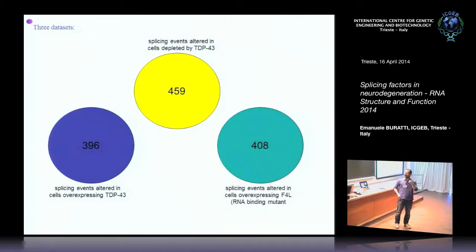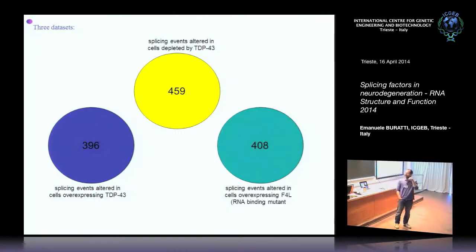So the first data set came from cells where Tdp-43 was knocked down by siRNA, so simply looking at what happens. Then the other data set was the splicing events that were recovered when Tdp-43 was restored inside the cells.